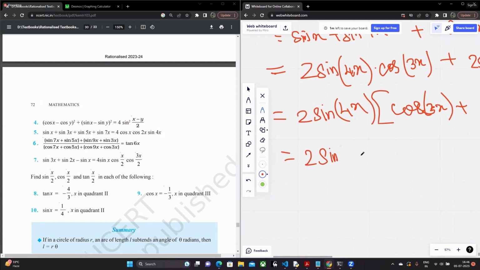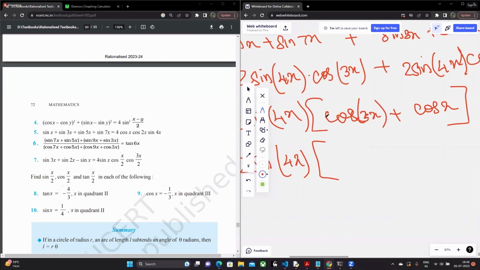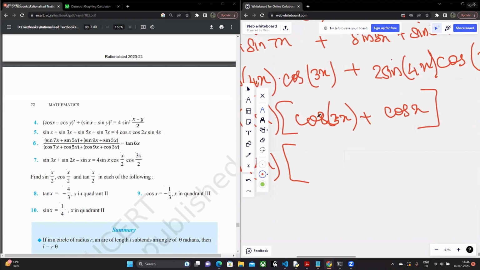And this again, you're going to use the formula. This is 2 sin 4x times cos 3x plus cos x. That is going to be 2 times cos of (a plus b) by 2, that's going to be cos 2x, and (a minus b) by 2, that's cos x.